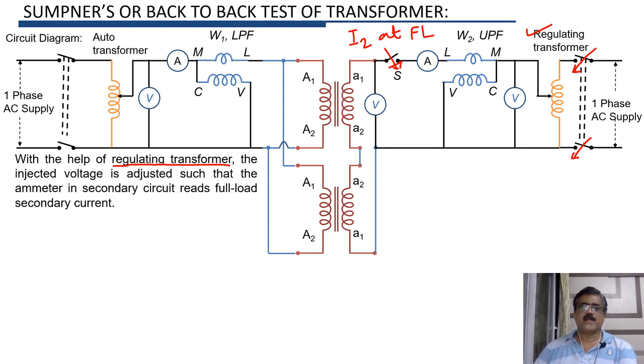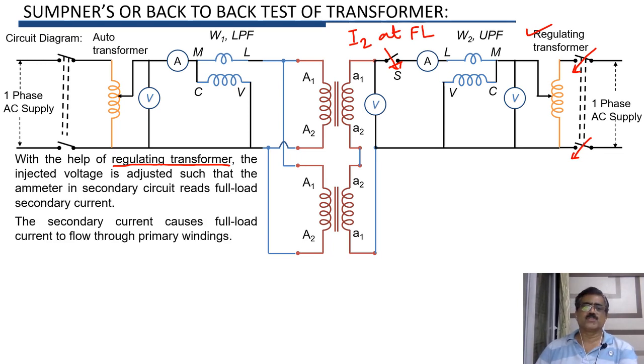Now you know that when current flows through the secondary, then current I2 dash flows on the primary side. Means if the current through the secondary is full load current, the current through the primary, that is I1, is also the current at full load. Means now the full load current is flowing through both the windings, that is the secondary winding and the primary winding.